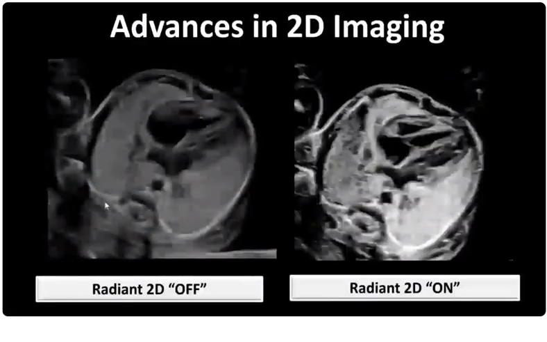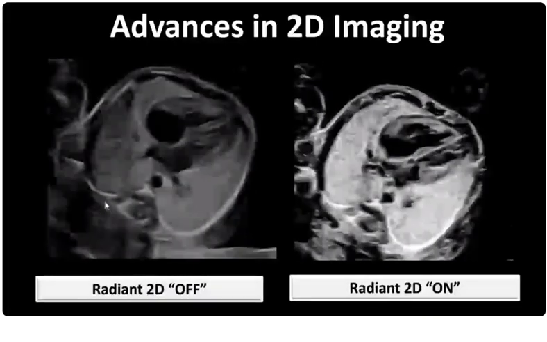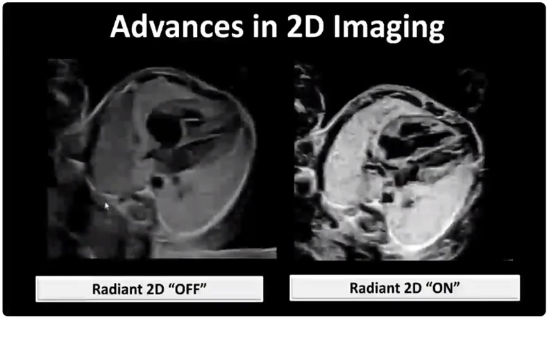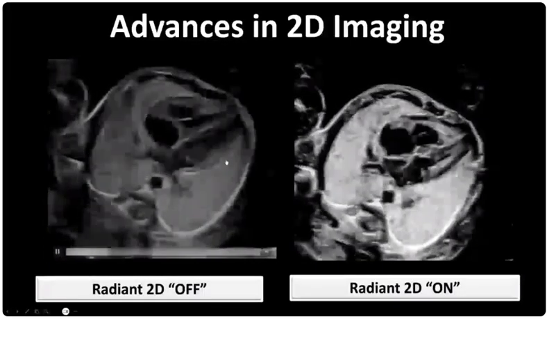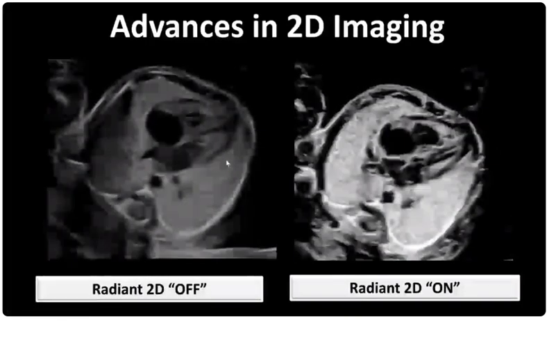One of them that was recently introduced on the GE ultrasound equipment is the Radiant 2D option. You can see here that we have the 4-chamber view on both images. This is the same fetus in the breech presentation.